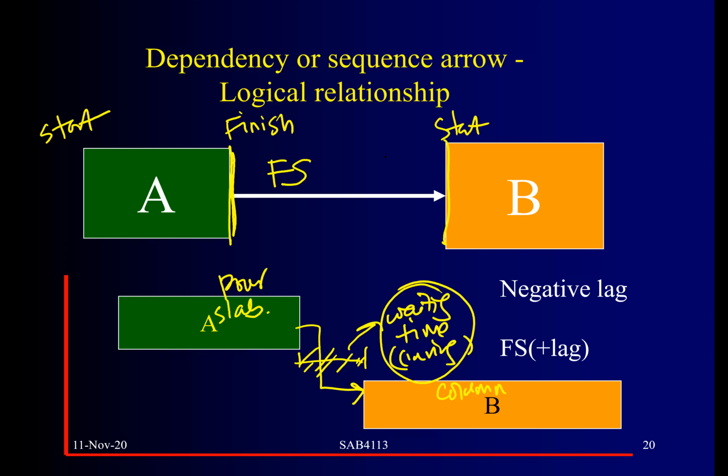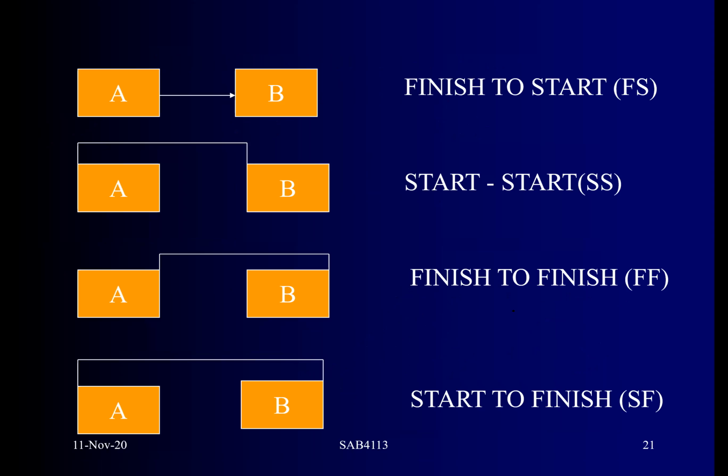But for A and B in the earlier situation, B will start immediately. For this situation, we want to show there is a so-called lag. We call it lag. Later on, we will learn about this, but that is the concept first.